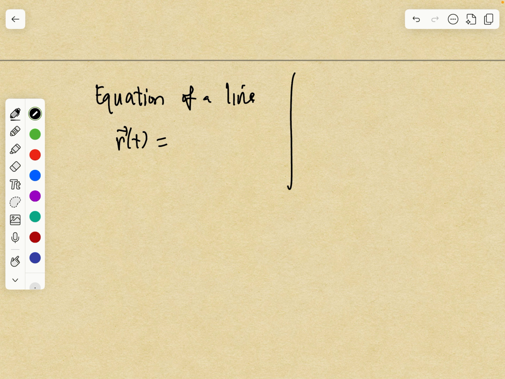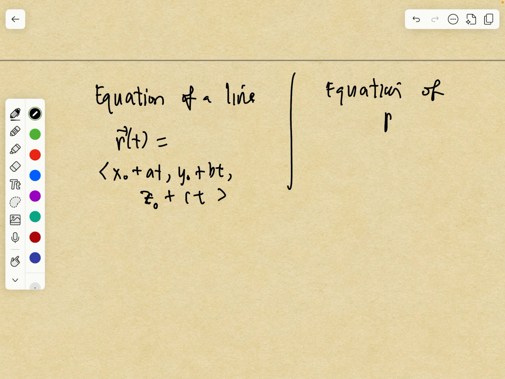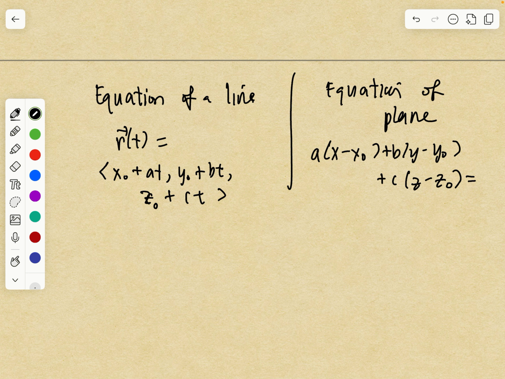So if your direction vector is a, b, c, then it's going to be x naught plus at, y naught plus bt, z naught plus ct. And if you have an equation of a plane, it's a(x minus x naught) plus b(y minus y naught) plus c(z minus z naught) equals d.